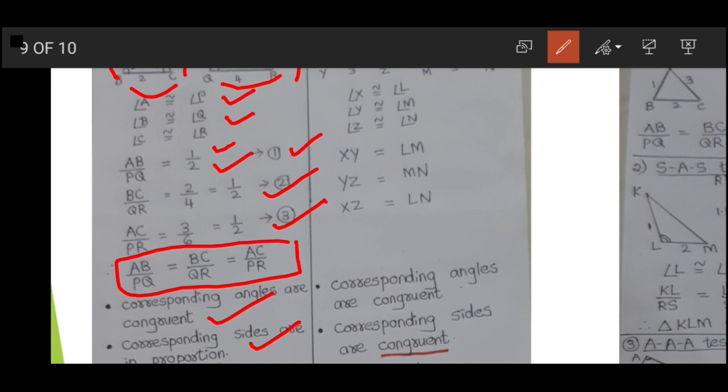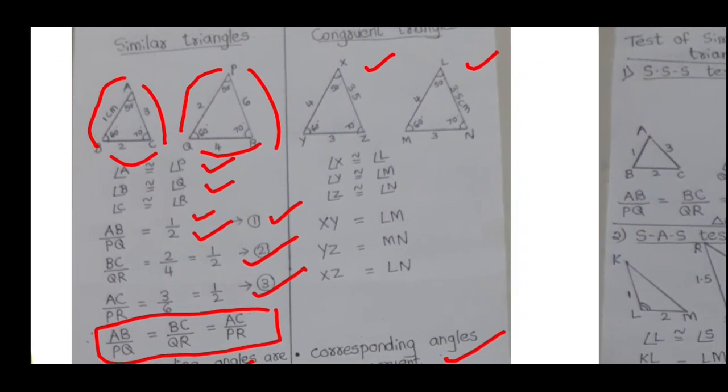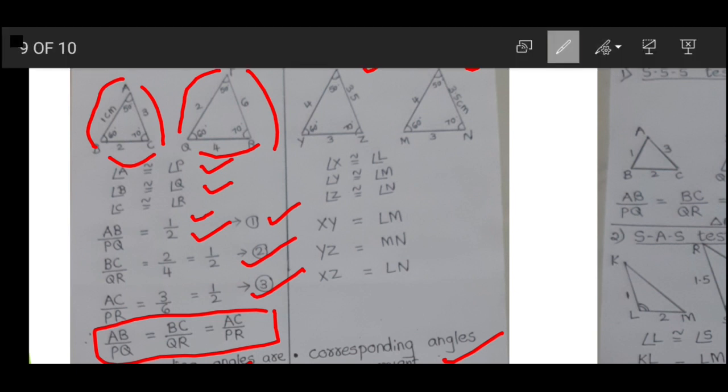But in congruent triangles, the difference is that the corresponding sides should also be congruent and the angles should also be congruent. Just see here, in congruent triangles you can see angle X is congruent to angle L, angle Y is congruent to angle M, then angle Z is congruent to angle N. See the sides also: XY is congruent to LM.